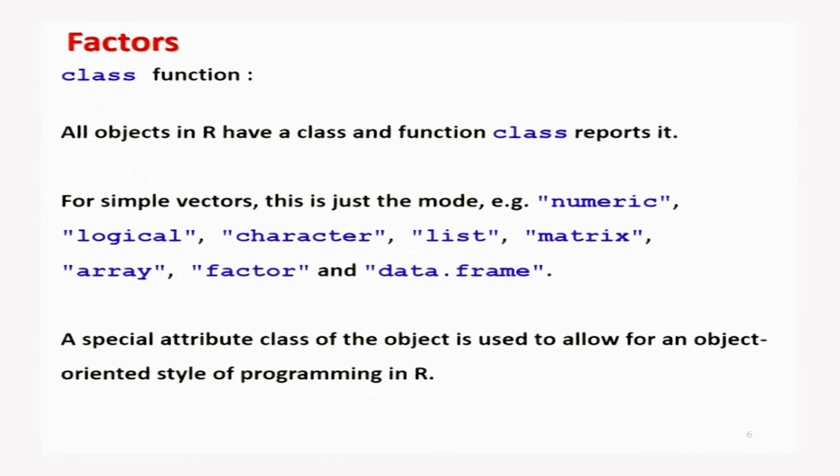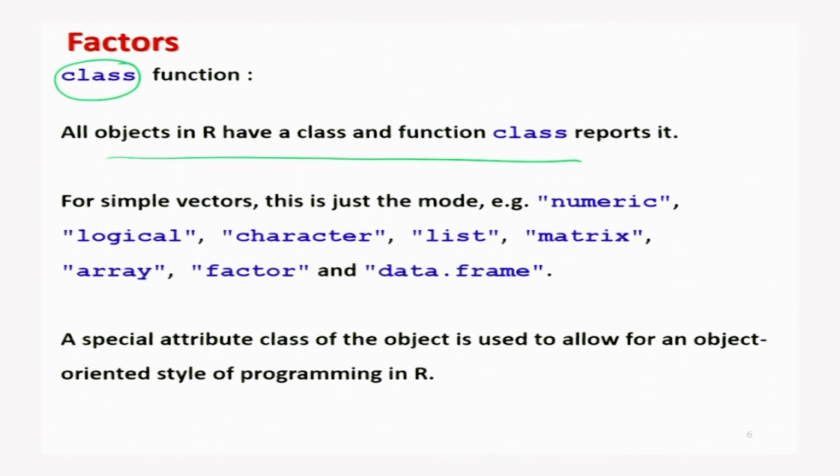This is about class, and the opposite of class will be unclass. You can recall that in one of the earlier lectures I had briefly explained the function class, all written in lowercase, and we understood that class gives us the information about what is the class of the object in R. Every object in R has a class, and this function reports the class of that object.